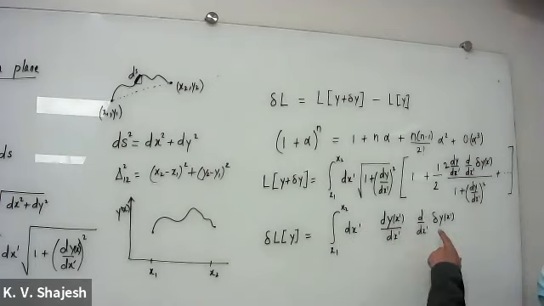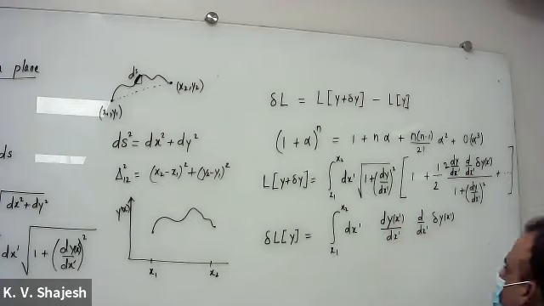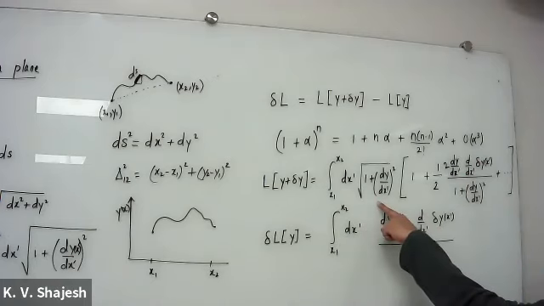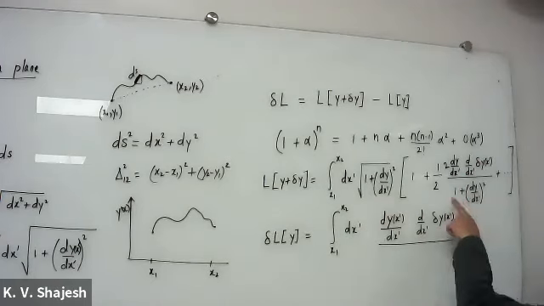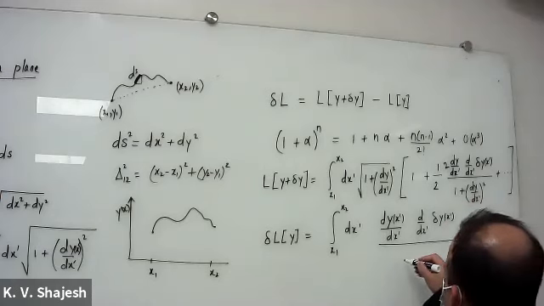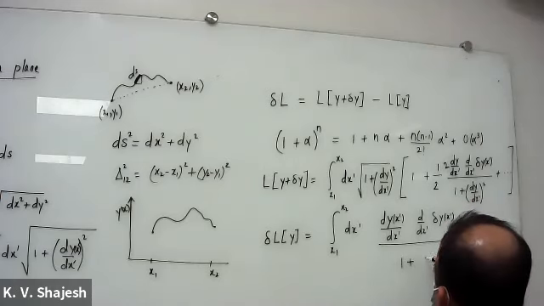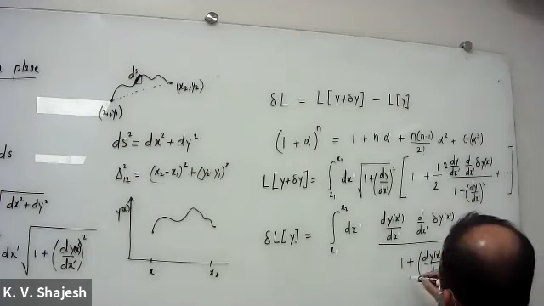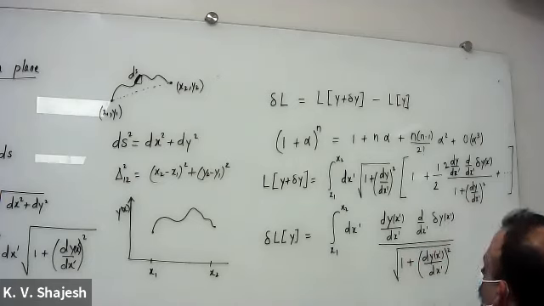That's a change in the function y of x prime, divided by, there is a square root here, which I have to multiply with this. So this is 1 over the square root of dy with respect to x prime over dx prime squared, and that is the square root.